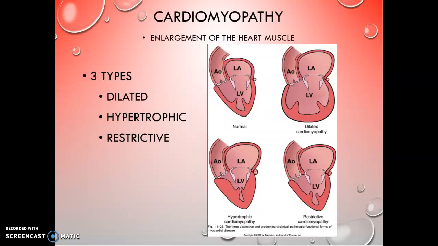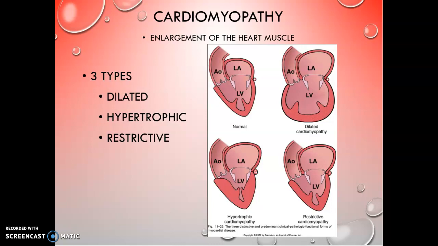Here is a slide that talks about the 3 different kinds of cardiomyopathy. And if you watch the video, you will understand this maybe even a little bit better. But one of the acronyms they use in the video is Dr. H. And I like that one because it really distinguishes what the different kinds are.